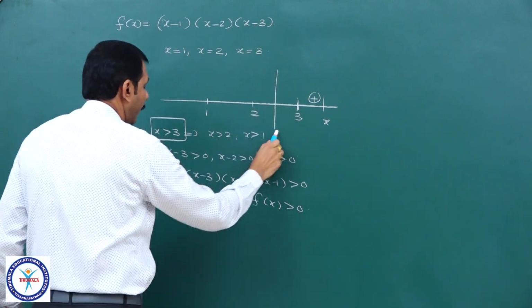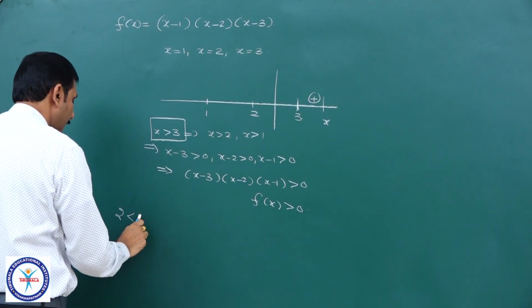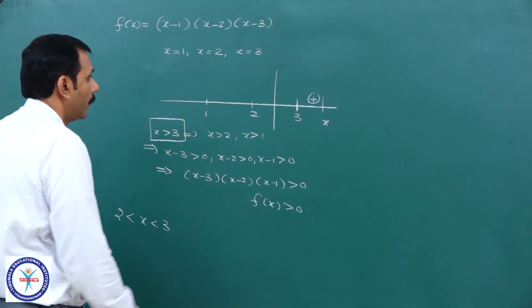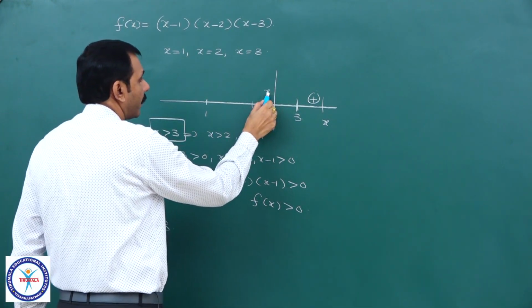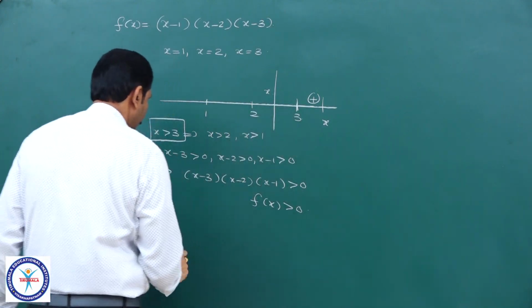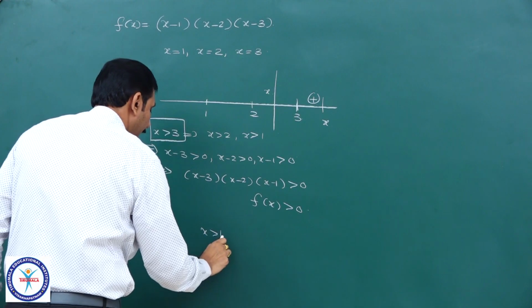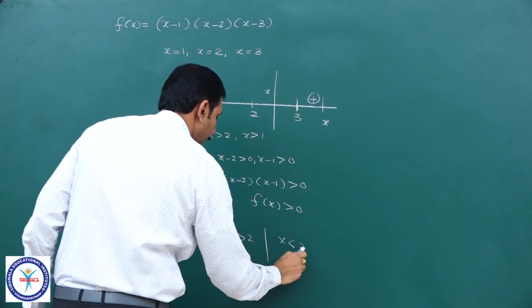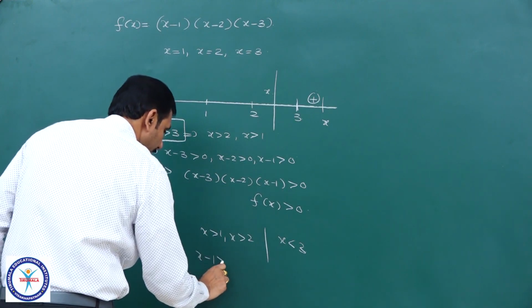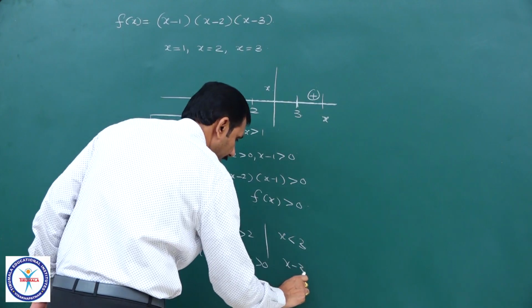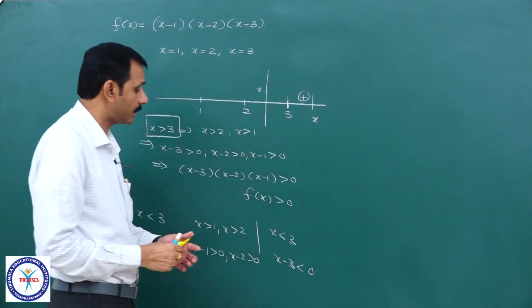And next, if I take 2 less than x less than 3, what will happen is x greater than 2 and greater than 1, but of course x less than 3. I can write x greater than 1, x greater than 2 and x less than 3. Therefore, x minus 1 positive, x minus 2 positive and x minus 3 negative. Observe this.